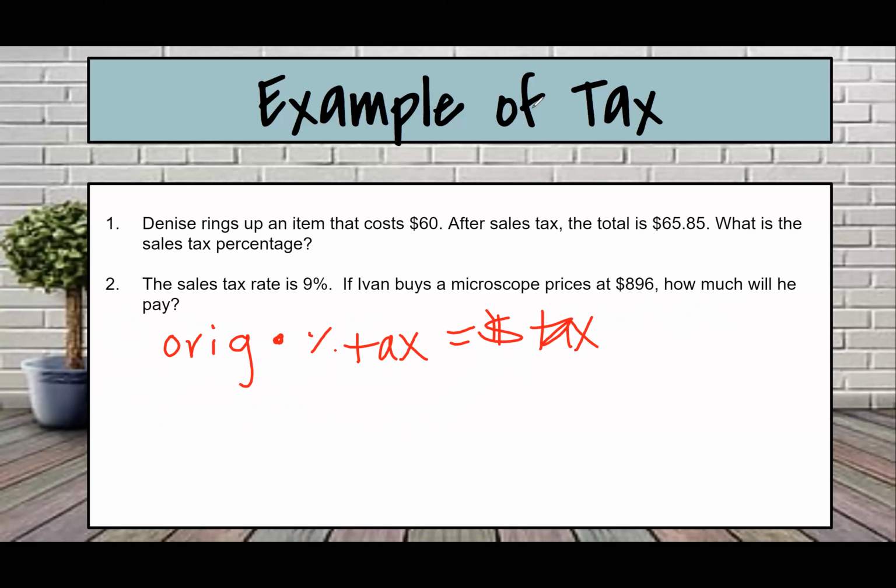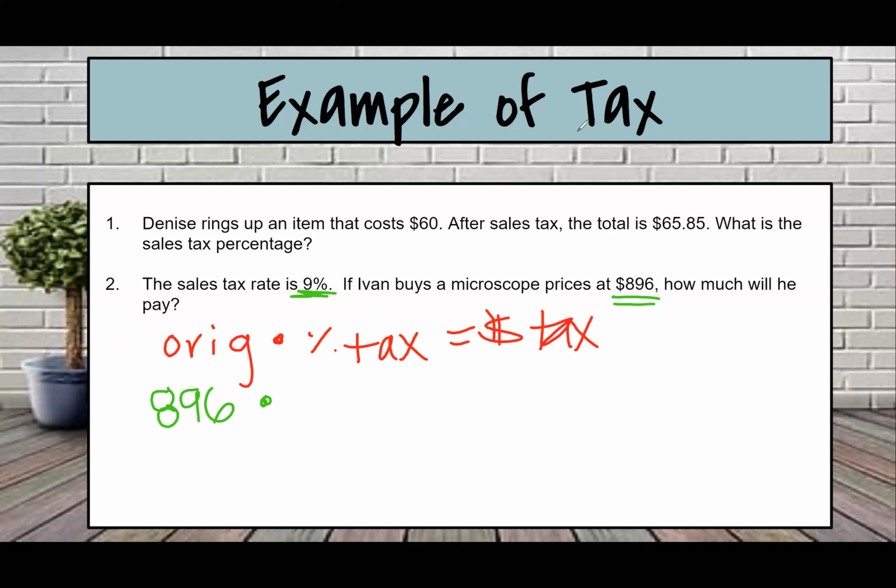That was one of the other formulas that we gave you guys. So I just want to show you how you can use that on this one. Our original amount that they gave us was right here, $896. And then we are going to multiply by the tax percent, which is right here, 9%.